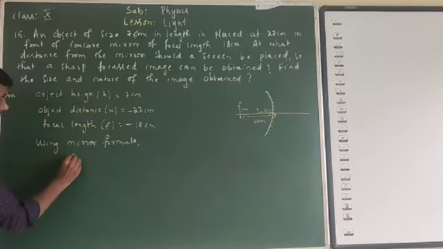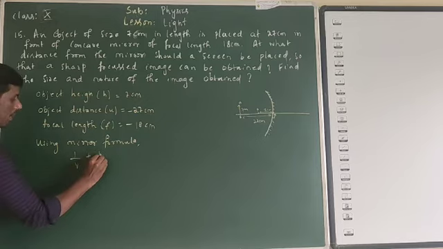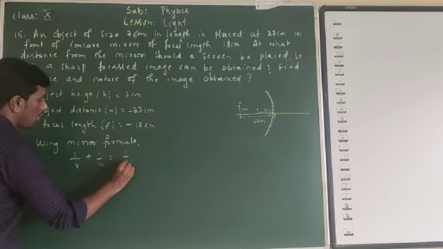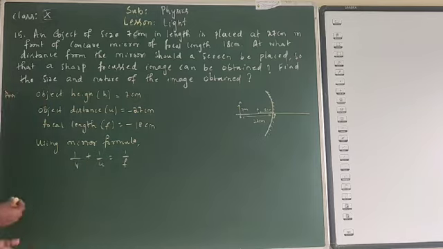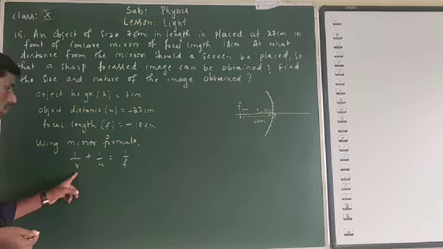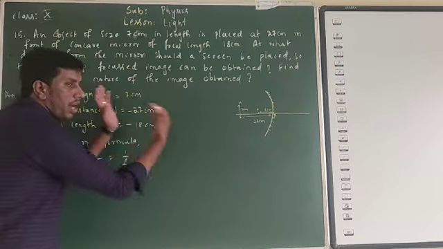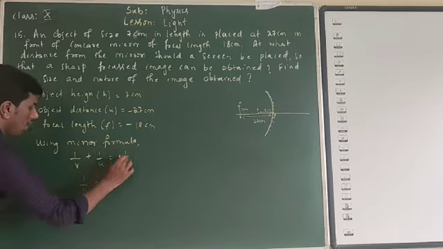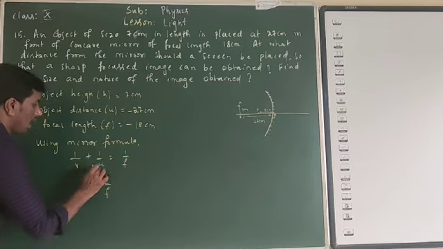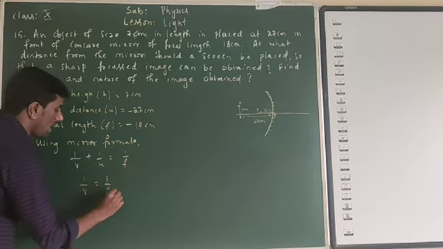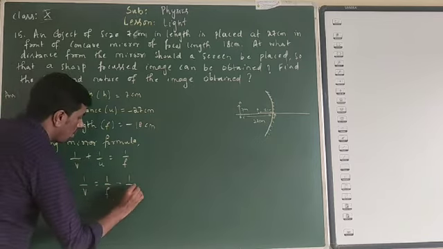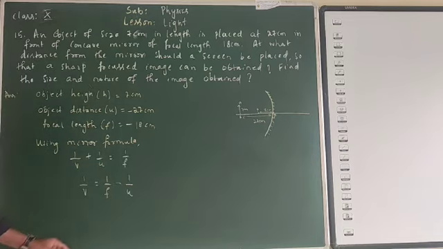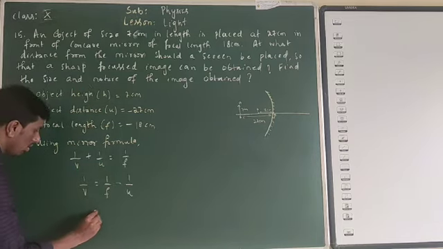What is the mirror formula? 1 by v plus 1 by u is equal to 1 by f. So we keep 1 by v on the LHS, and in the RHS I have 1 by f. If I send plus 1 by u to the other side, it will become minus 1 by u. Correct? Now let us substitute the values.